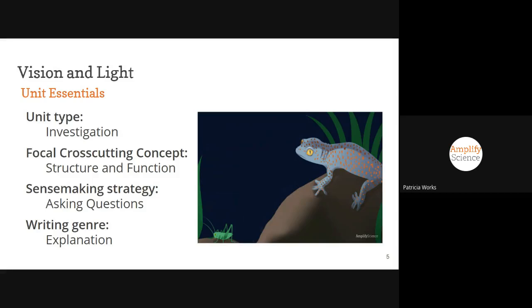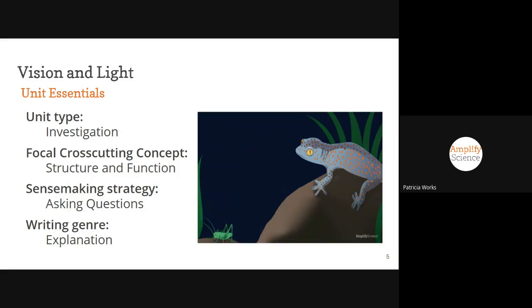In order to explain why different animals see differently from one another, students are able to connect the shape of the various structures and substructures involved in vision with how those things function. This helps students explain why the Tokay geckos are having trouble surviving in a section of the rainforest with newly installed nighttime highway lights. Students return to the idea of structure and function again and again throughout the unit, using a variety of modalities.